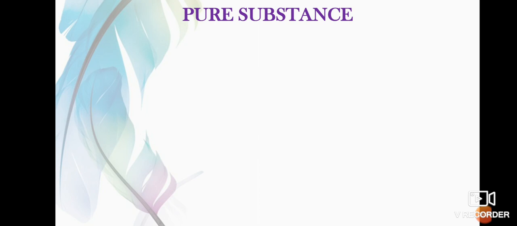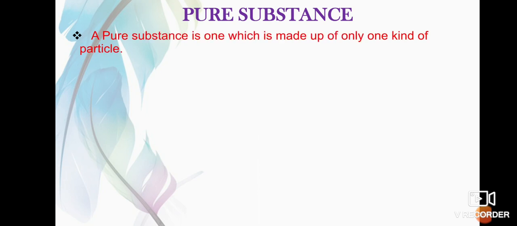So what is a pure substance? A pure substance is one which is made up of only one kind of particle. It means it is made by only one particle. No other particle is mixed in to form the object or substance. For example, platinum.